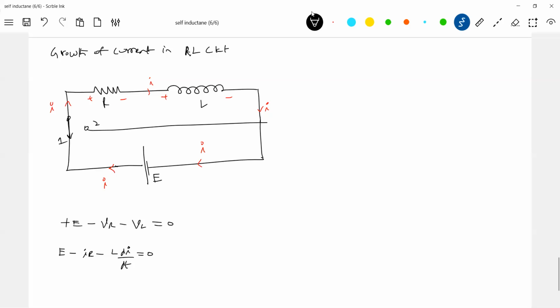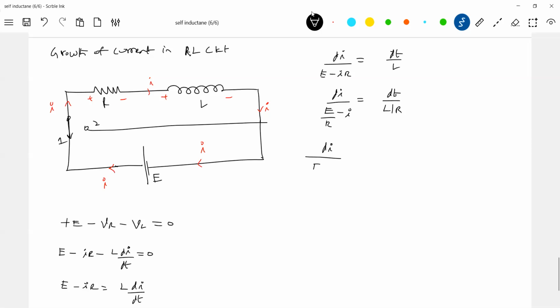We want the expression for current I. So rearranging that, L di by dt equals E minus IR. So di is equal to (E minus IR) dt by L. Let me adjust the coefficient of I. We get L by R, and this L by R I'll give a specific symbol.